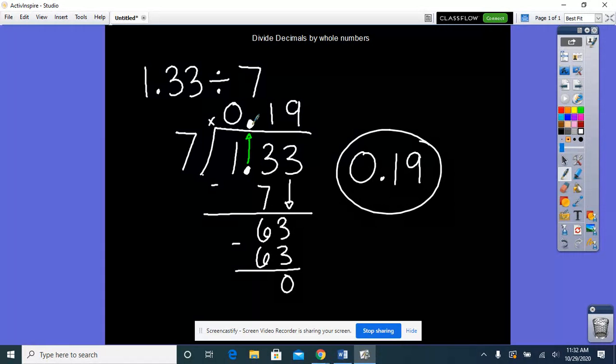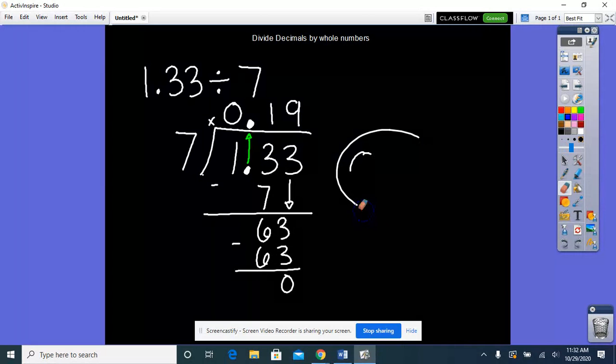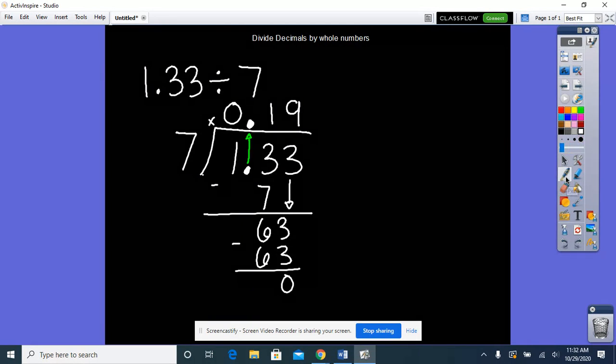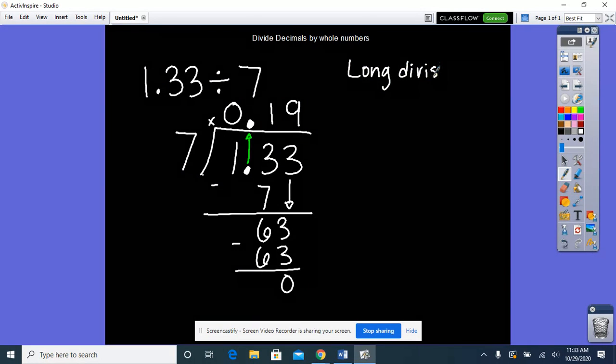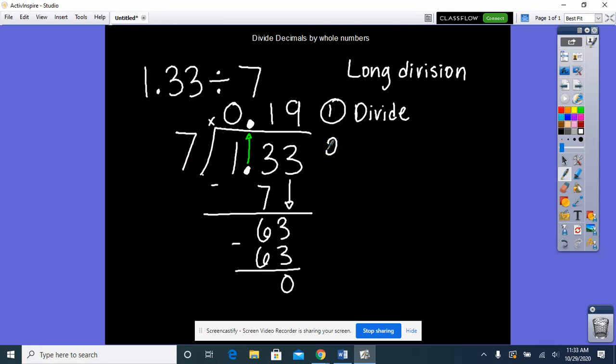I'm going to write your steps of long division up here. If you need to pause the video or take a screenshot, you can. So long division: your first step is to divide, or see how many times this number goes into your first number. Your second step is to multiply. I would multiply the numbers outside of the box, and I like to draw a little multiplication symbol here just to remember.